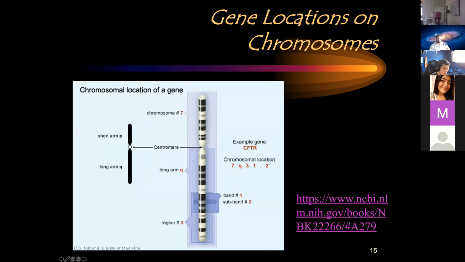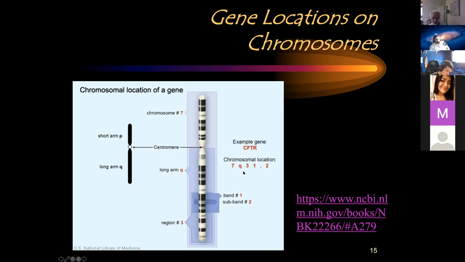But on either side of the centromere is a length of chromosome, which is called either the long arm, Q, or the short arm, P. And then if you stain chromosomes with various dyes, they exhibit a banding pattern. And every gene has a chromosomal location based on which chromosome it is, which arm, and which band.